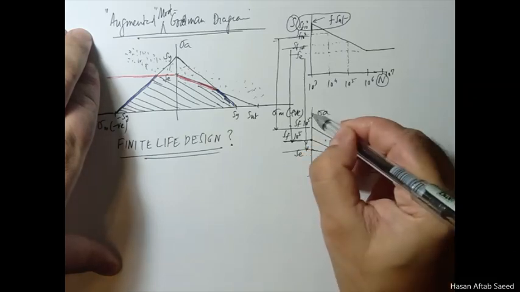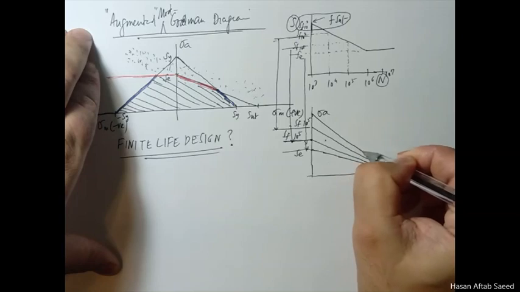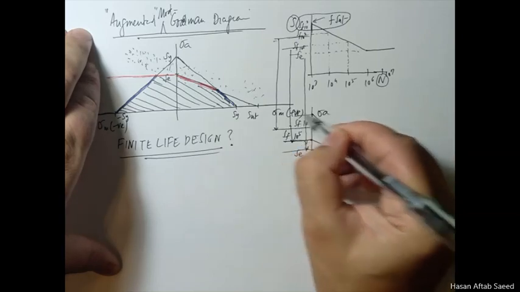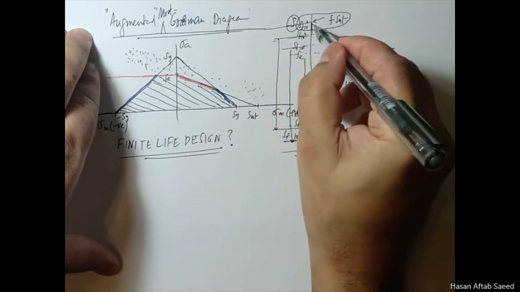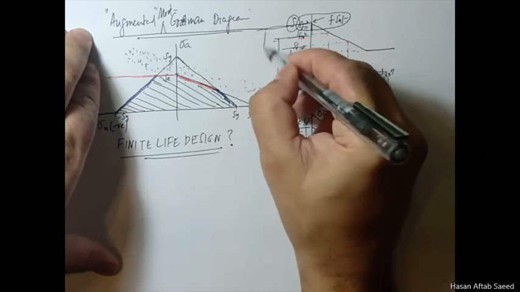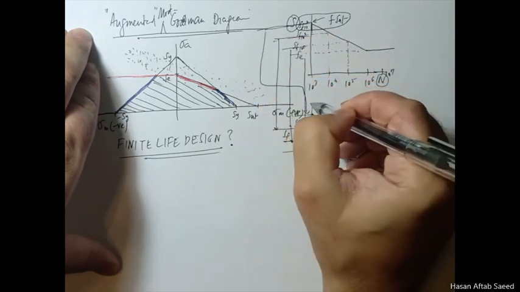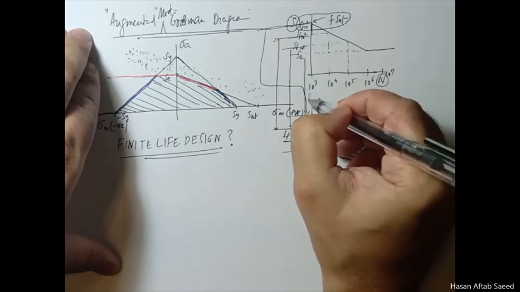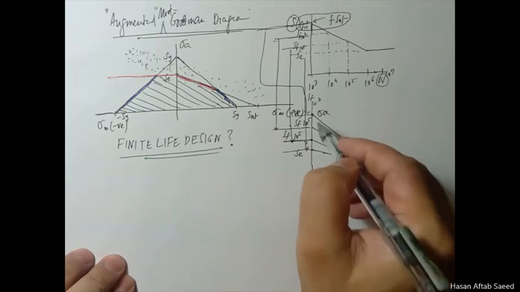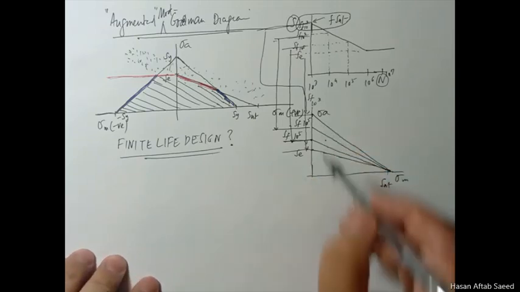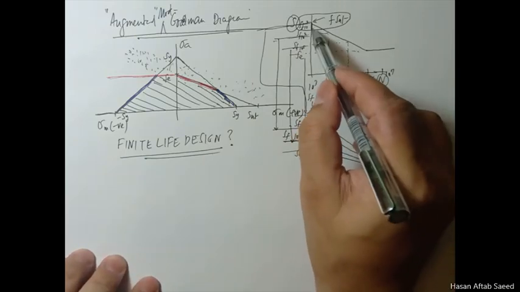And 10 raised to the power 3 cycles has actually very little application for this one, because this is 10 raised to the power 3 SF. But again, I just mentioned this is on the borderline between low cycle and high cycle fatigue, so we don't want to work exactly here.